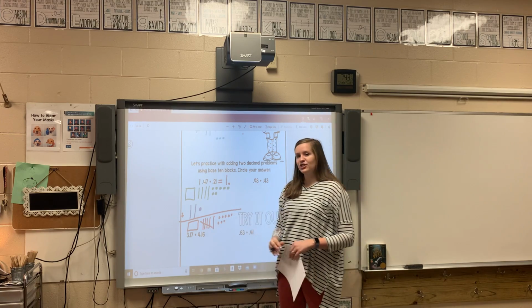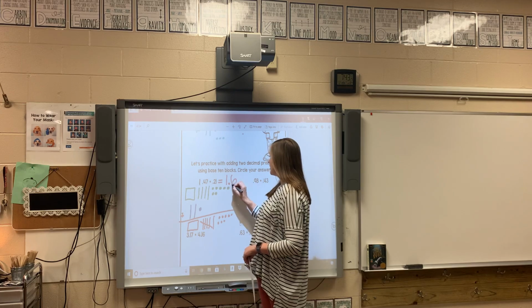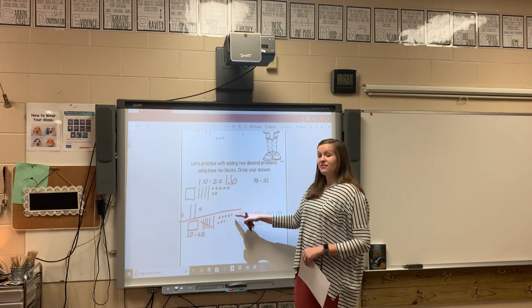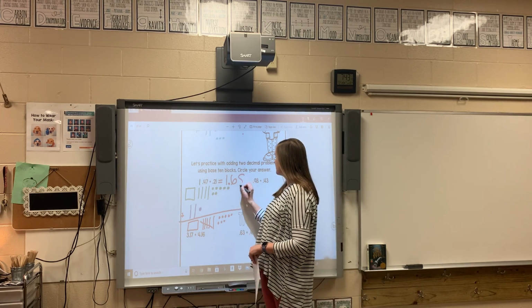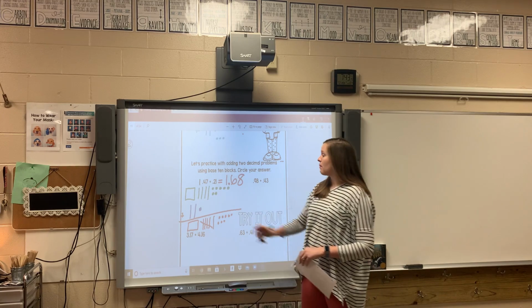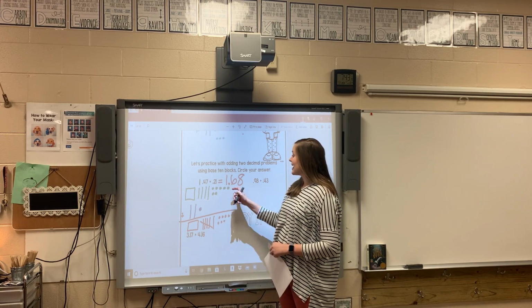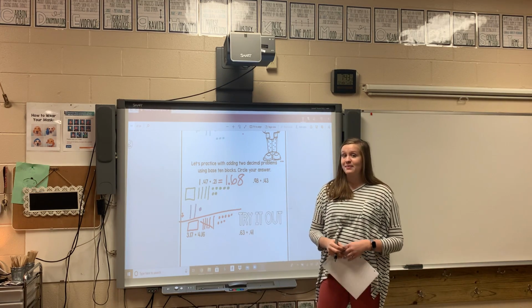How many tenths do I have? 6. How many hundredths do I have? I count them in 5s so I can count easily. 5, 6, 7, 8. So we just found out that 1 and 47 hundredths plus 21 hundredths equals 1 and 68 hundredths, okay? Awesome job, guys.